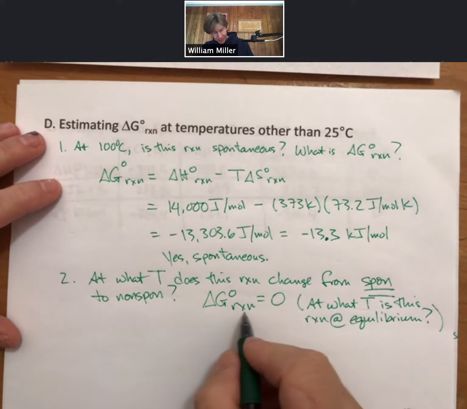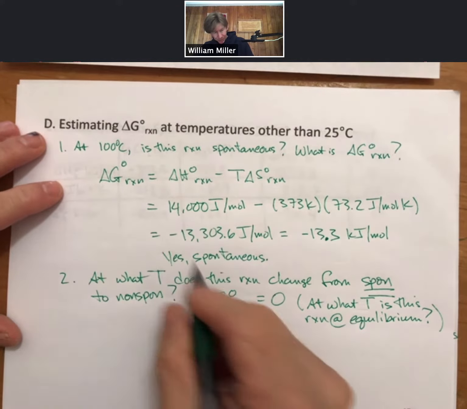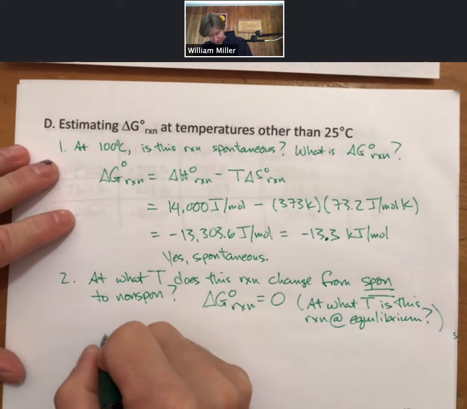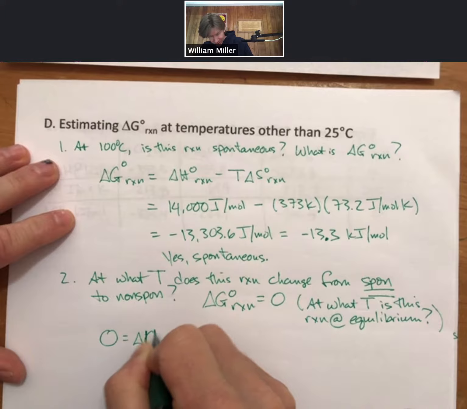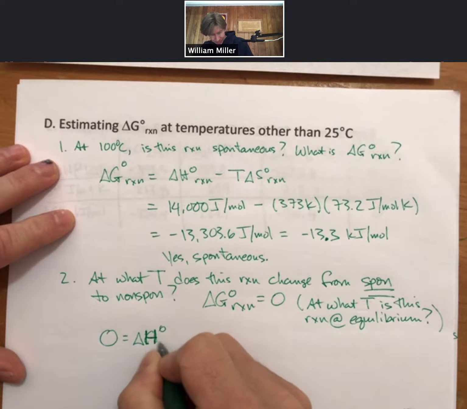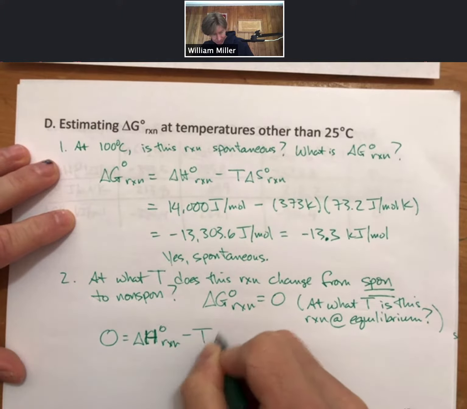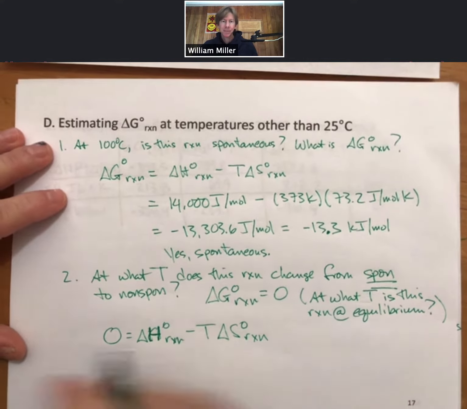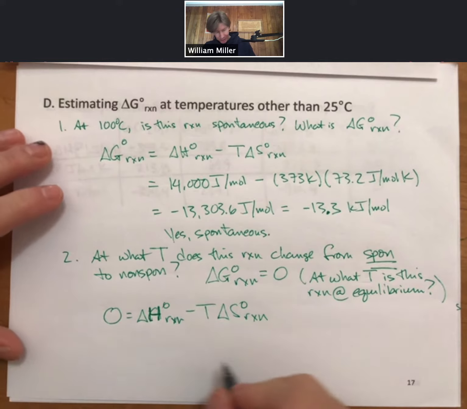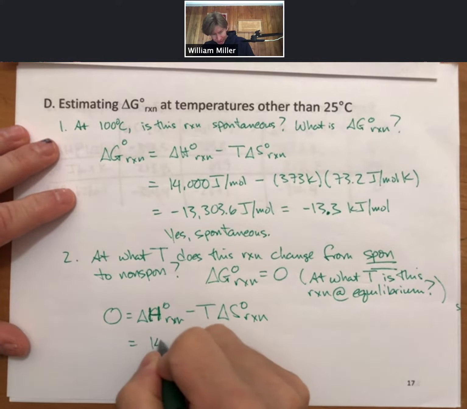And what we do is we set this equal to 0. We plug in our values. So 0 equals delta H minus T delta S. And then we will now plug in our values, 14,000.